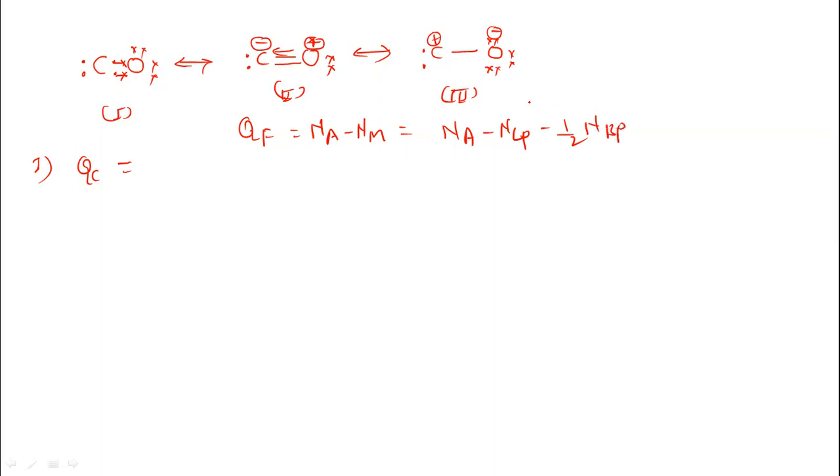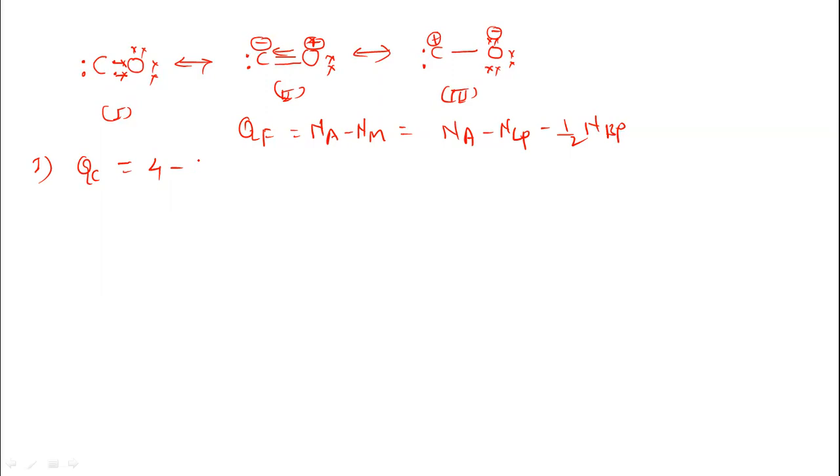So see how to calculate the formal charge on the carbon atom. This is structure 1. The number of valence electrons of carbon is 4, minus the number of electrons in the molecule, 1, 2, 3, 4. In this molecule there are 4 electrons.